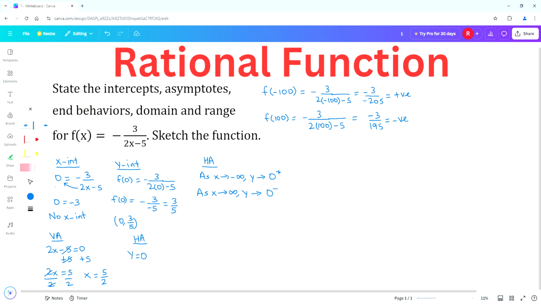Now we can find the end behavior for the vertical asymptote. We have to check for the end behavior on the left side and the right side of the vertical asymptote. And we have to find whether y approaches positive infinity or negative infinity.